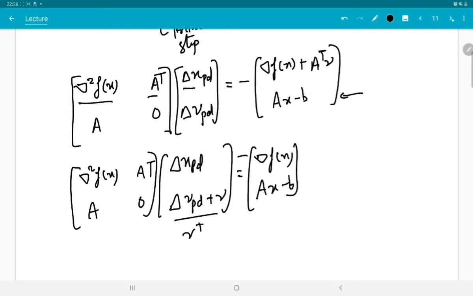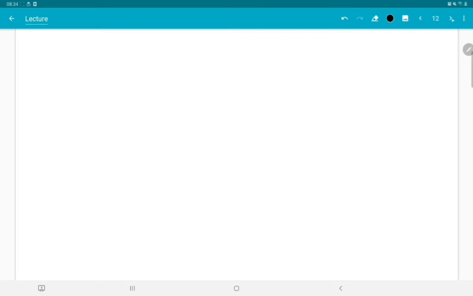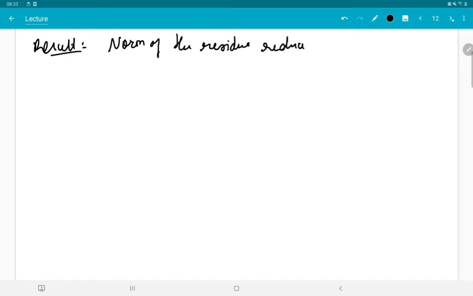This matrix is more clear, so this is r primal, this is r dual. So now the result: the norm of the residue reduces in the Newton direction.